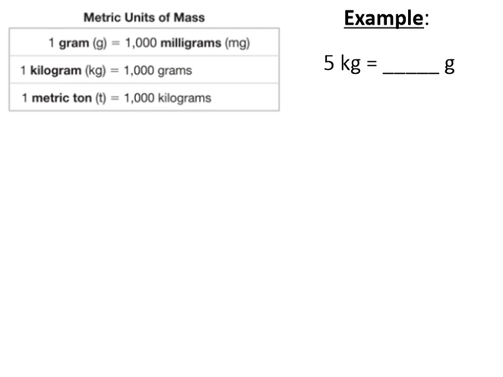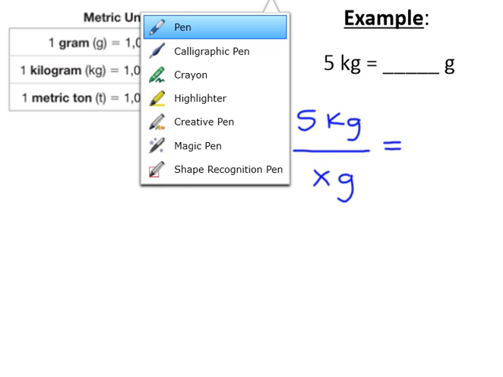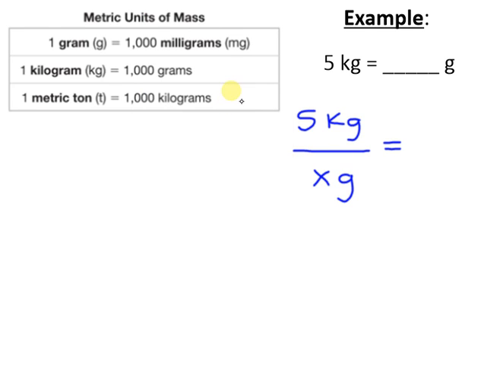All right, so here we have 5 kilograms equals how many grams? So 5 kilograms over x grams equals. So which line on our conversion chart talks about kilograms and grams? And that's going to be this line right here. So 1 kilogram, so kilograms are on top, equals 1,000 grams.